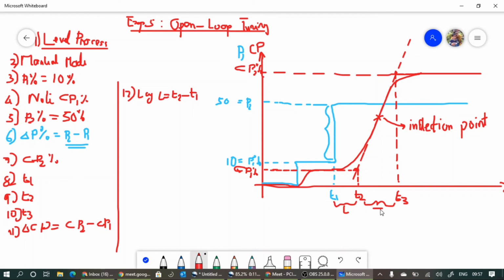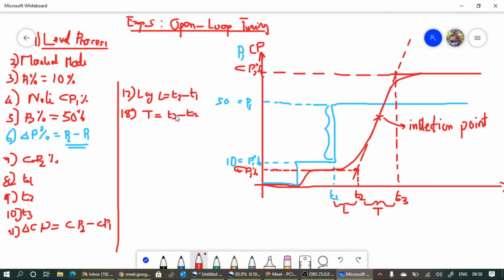It is known as response time or time constant. So time constant is the time required to change the output variable from its initial value to its final steady state value. So this is response time. T is equal to T3 minus T2.